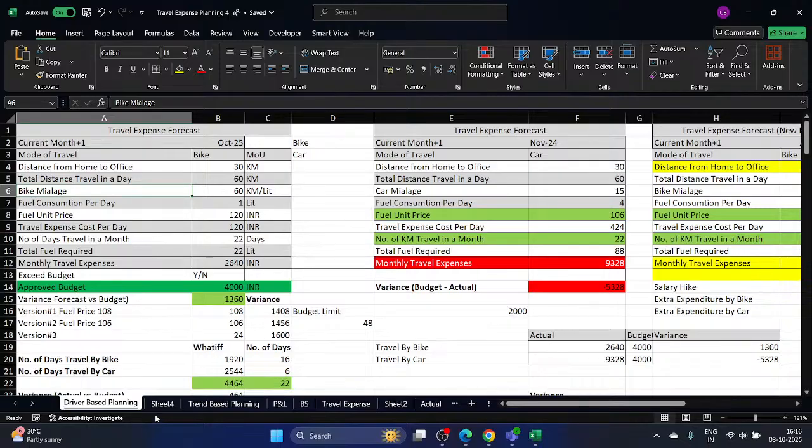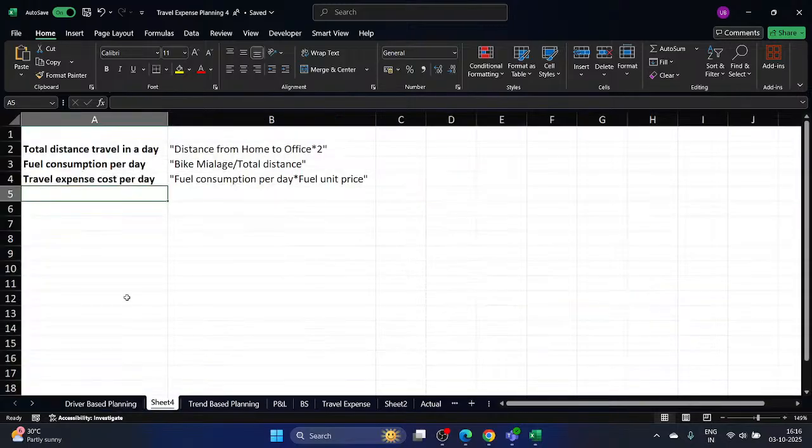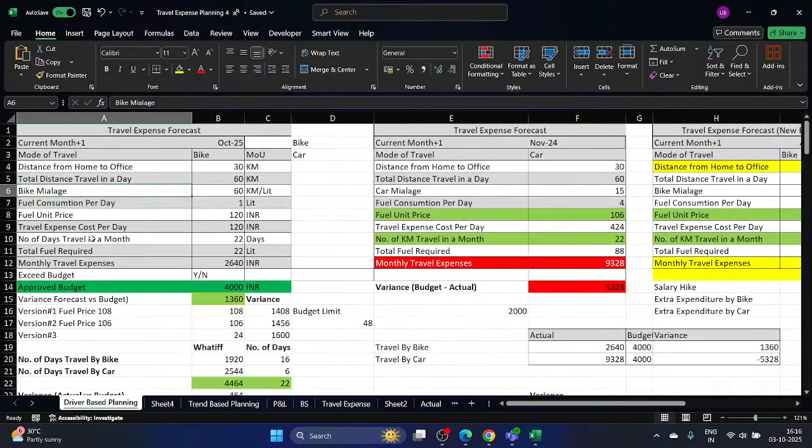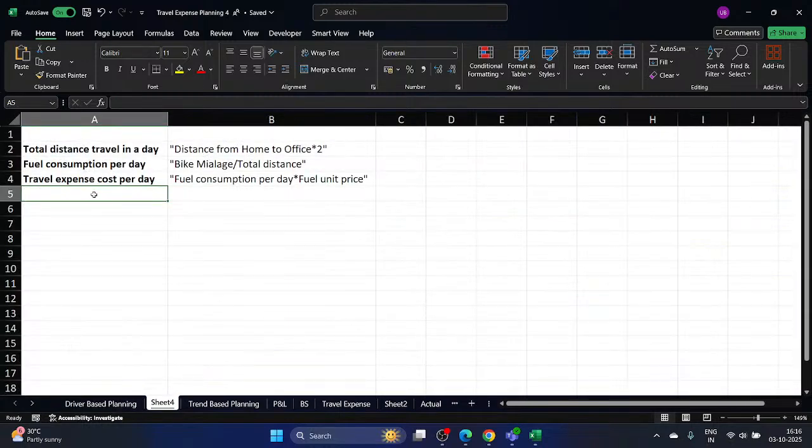So here the travel expense cost per day and number of days, monthly travel expense. If you want to find the monthly travel expense.